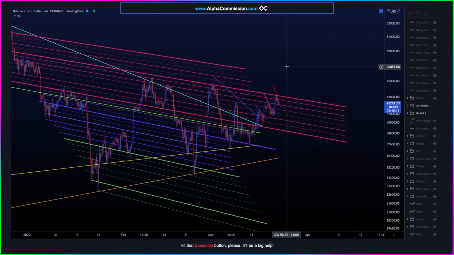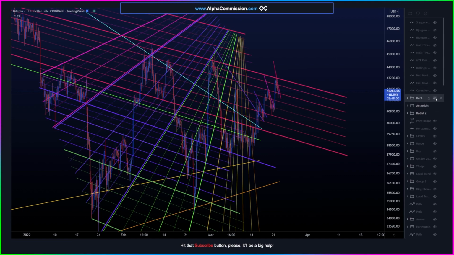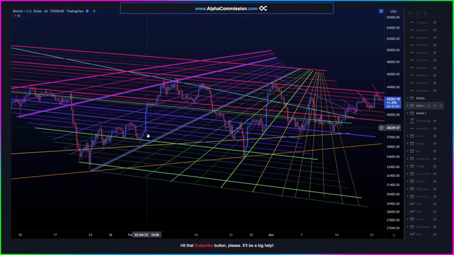Well, one thing that you can imagine is it's turning extreme again. And just like we had huge spike ups when we had these radials, we had these huge pumps when we were crossing the different channels.